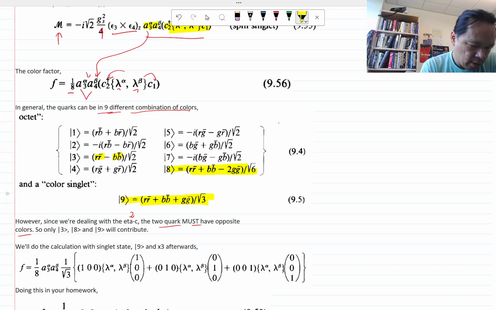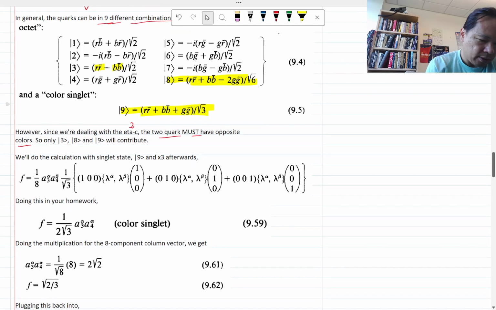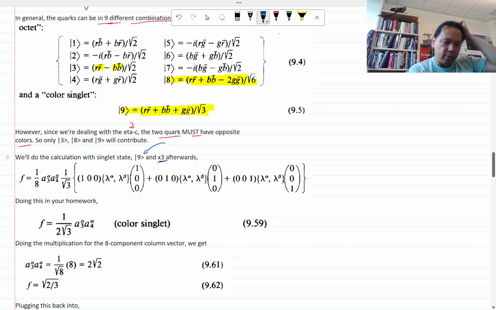What Griffiths decided to do is to only do the one that's for the 9. And we're probably going to have to multiply by 3 afterward to account for that.